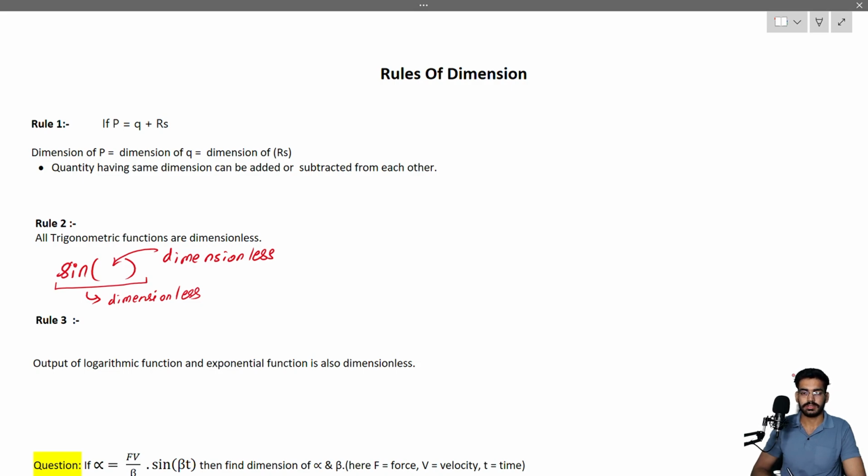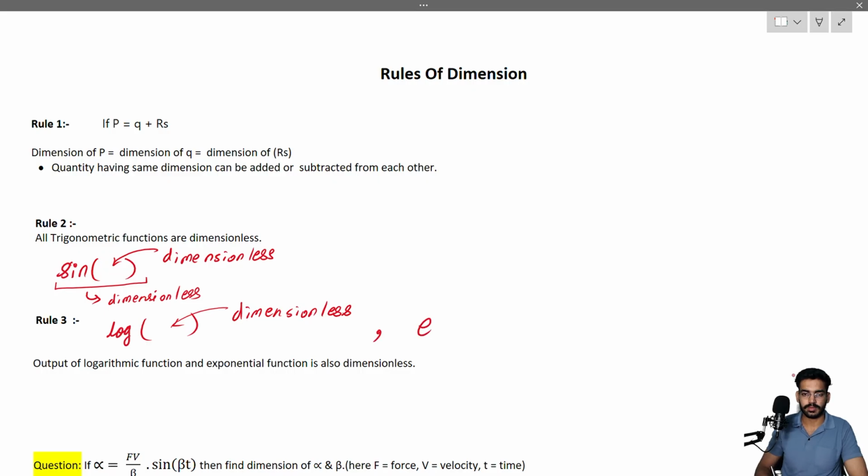Next rule we have is logarithmic. For log, whatever you have inside the log, that is also dimensionless. How to use that, we're going to see some examples, don't worry.